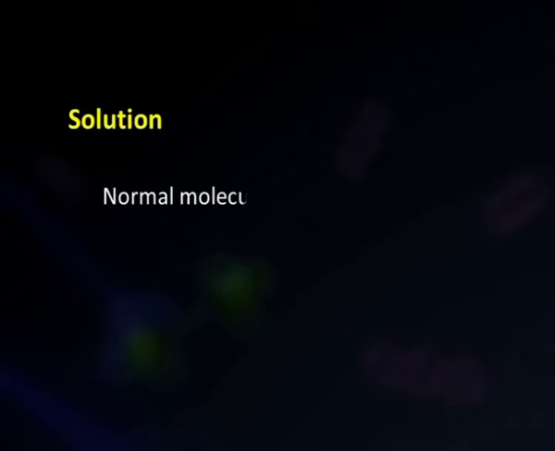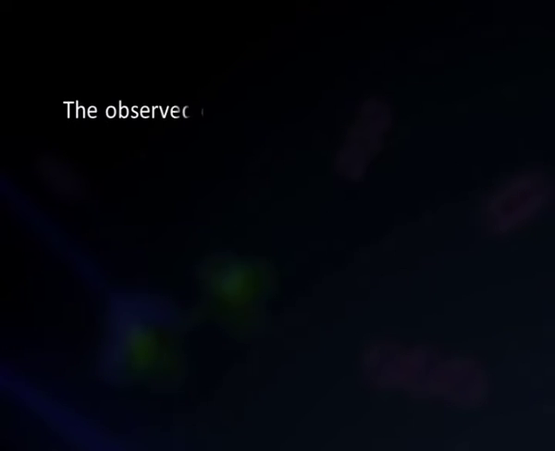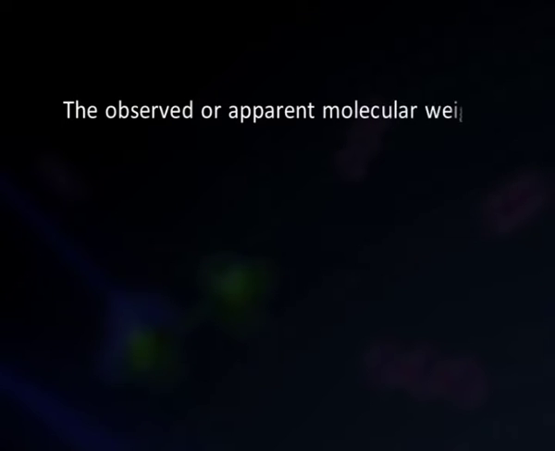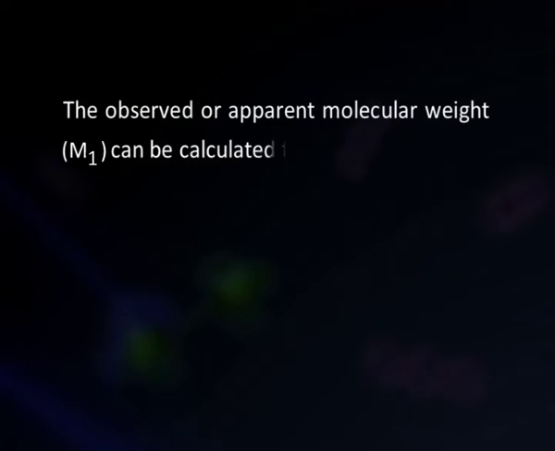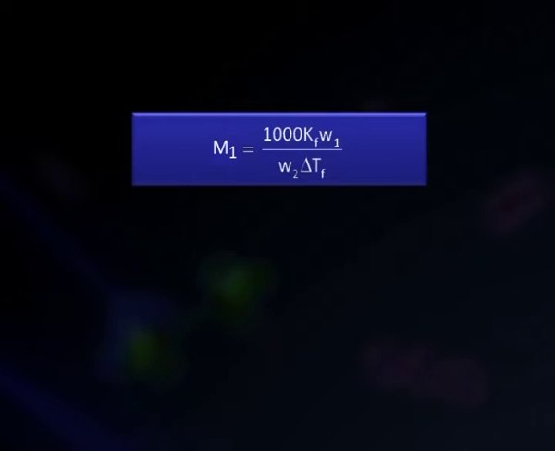As normal molecular mass of phenol is 94, the observed or apparent molecular mass M1 can be calculated, for which W1 is equal to 0.75, W2 is equal to 45, delta Tf is equal to 0.255 and M1 we have to calculate.